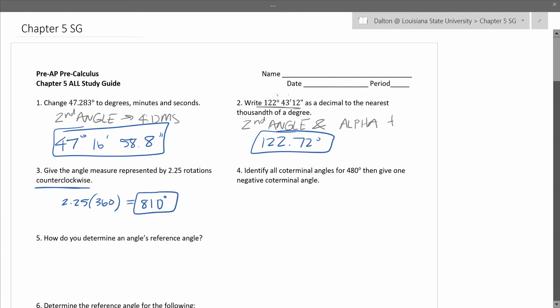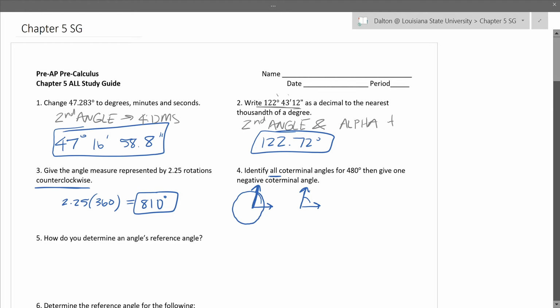Number 4, identify all coterminal angles for 480 degrees, then give one negative. All coterminal angles. So recall, coterminal angles both start in standard position, but where this one may just rotate 70 or something degrees, this angle could rotate the full 360 and then 70 degrees and then stop there.